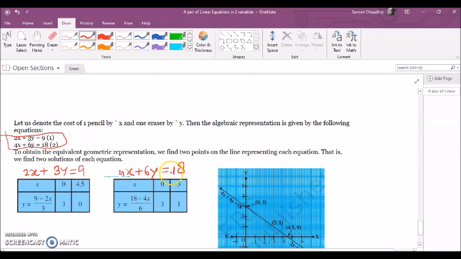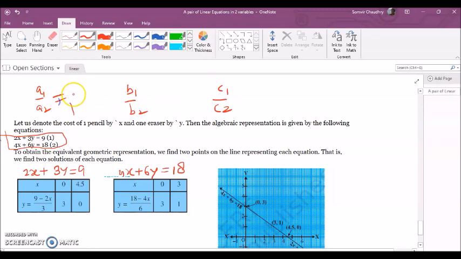Now, as I told you in my first video, before we solve graphically, we should check what the values of a1 by a2, b1 by b2 and c1 by c2 are.